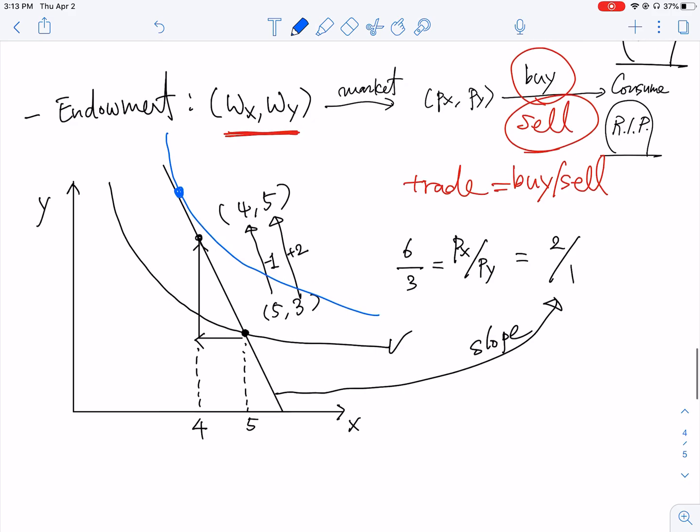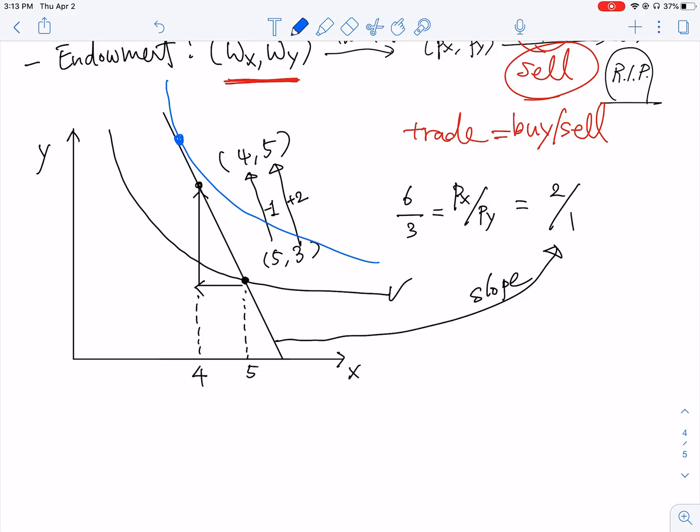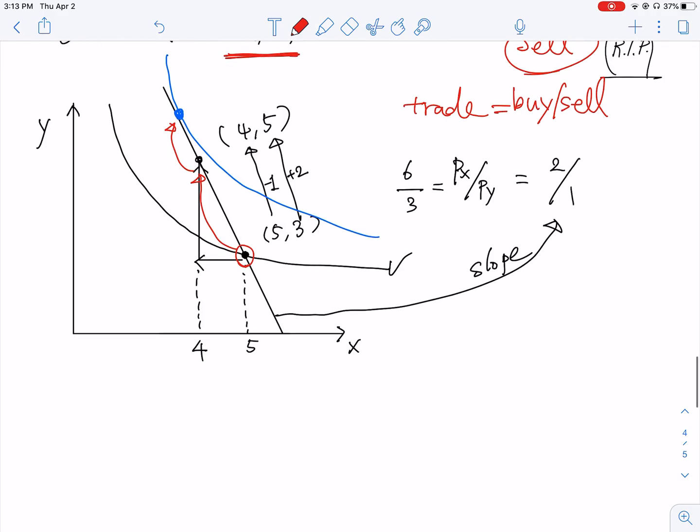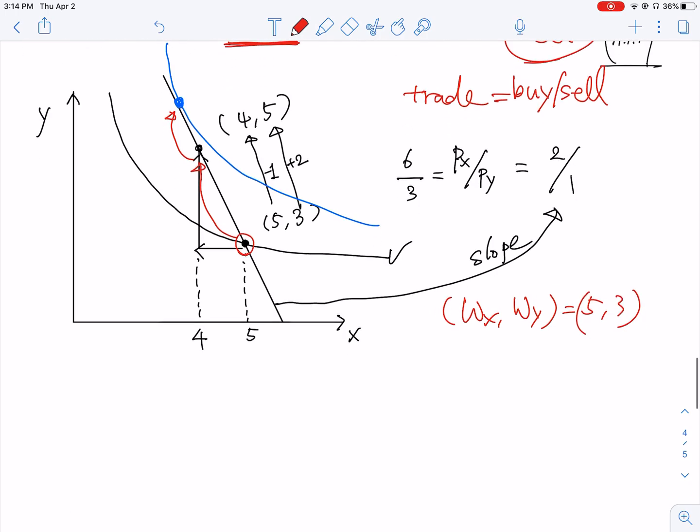So starting from the initial point, how do we go there? It's very easy. Let's say your initial endowment was (5, 3), and let's say (X, Y) is your consumption.